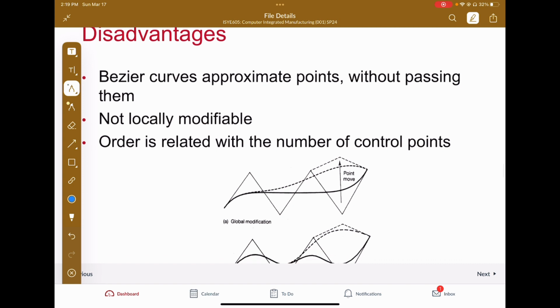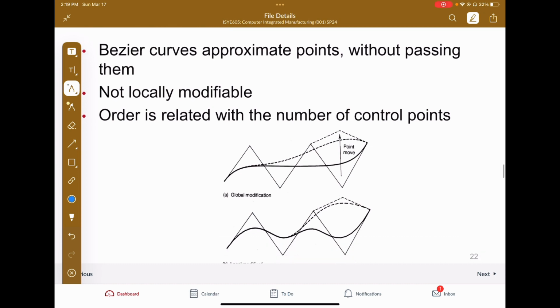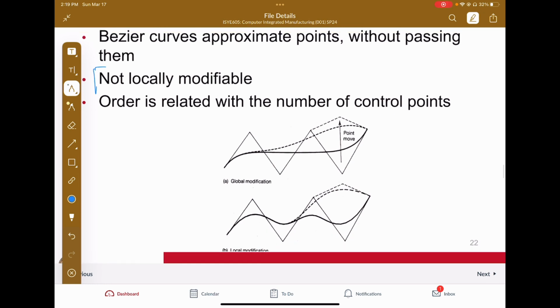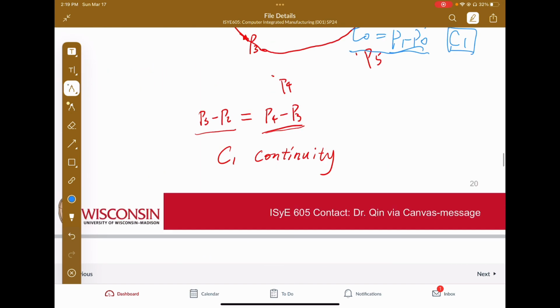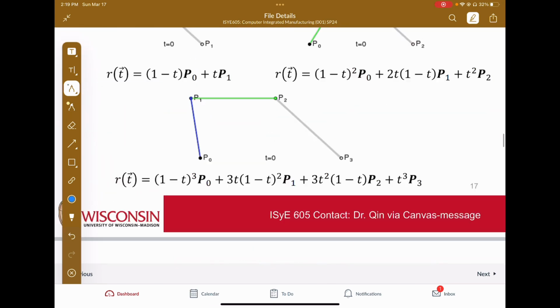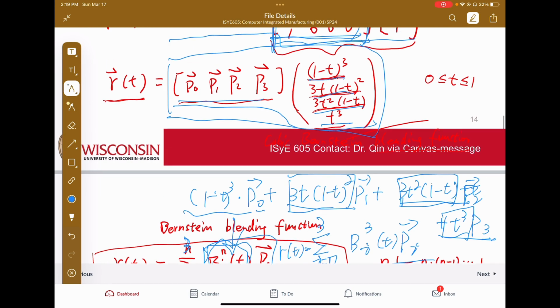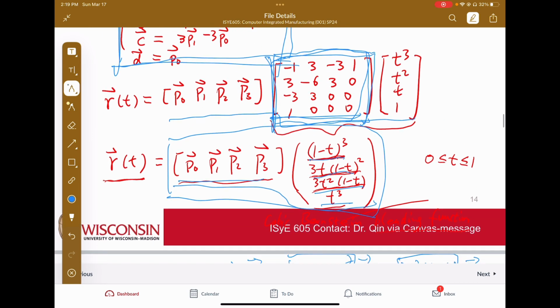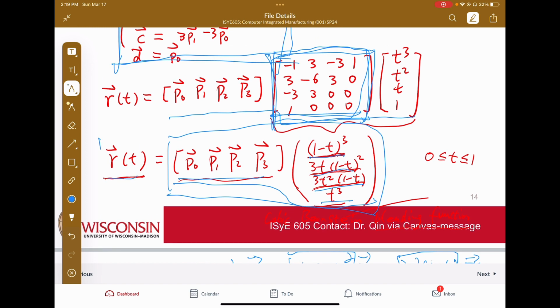So another is disadvantages. First, of course, these 2 control points are off the curve, right? And the second, which is important, is that we cannot locally modify the points. If you go back to the equation here, for every t, the x, y and z will have contribution from all the control points.